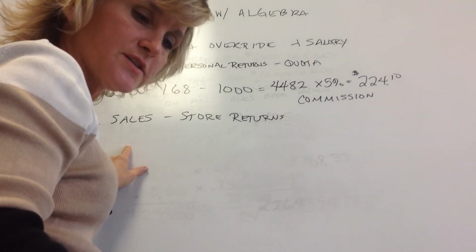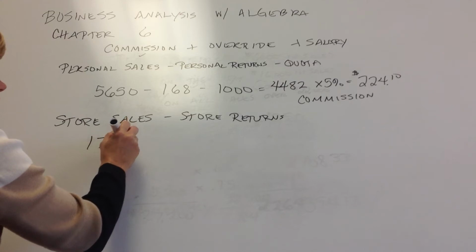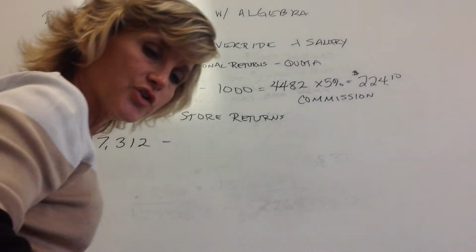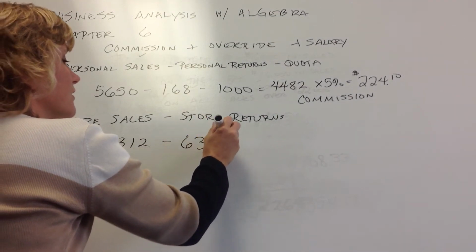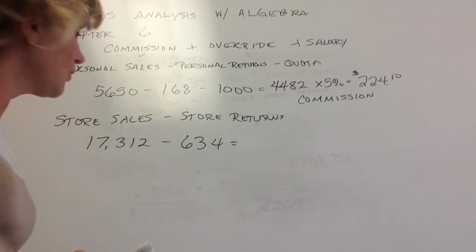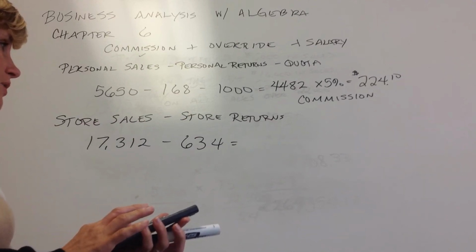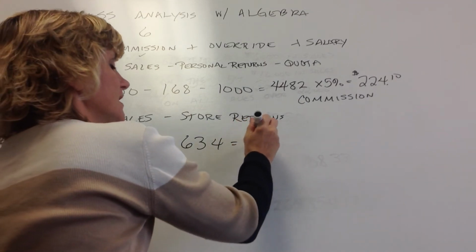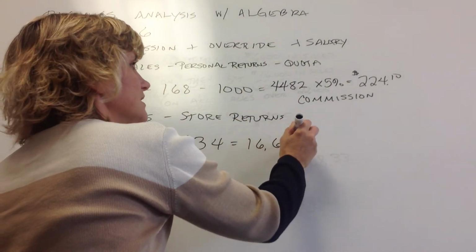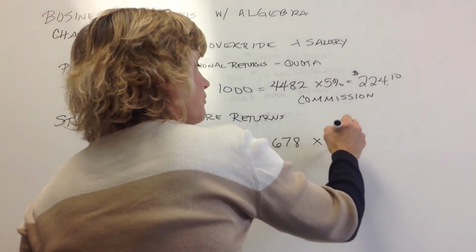If our store sales are $17,312, and then our store returns are $634, we will again subtract those returns from the sales to figure out how much we're able to get paid on. So in this case, it's $16,668, and then the override percent is 1.5%.